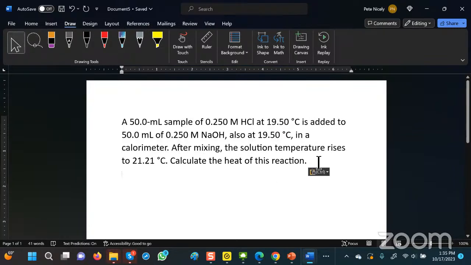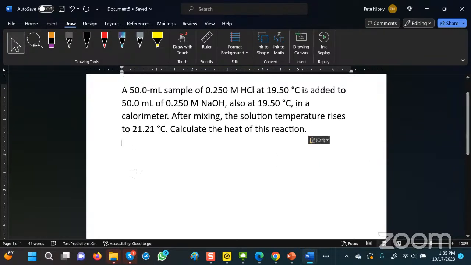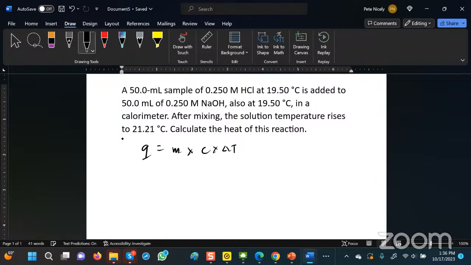Okay, so this is the question. And basically we need to calculate Q. So Q is equal to M times C times delta T. So we need to find out what M is and what delta T is.